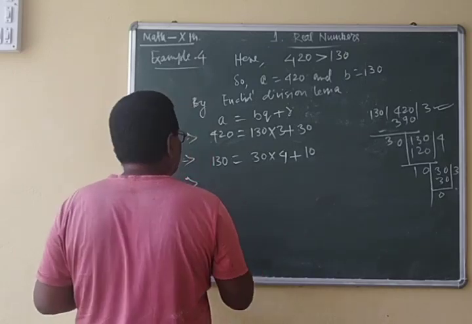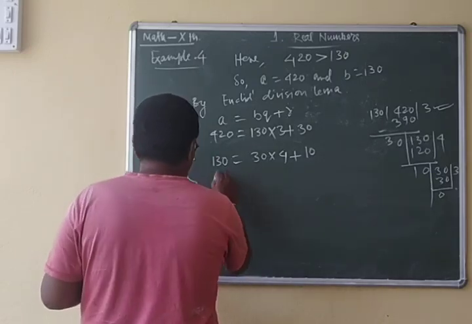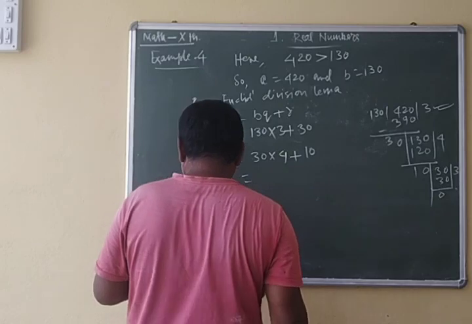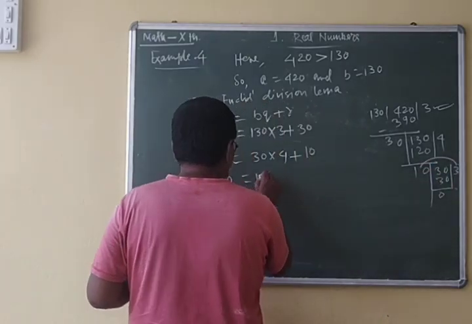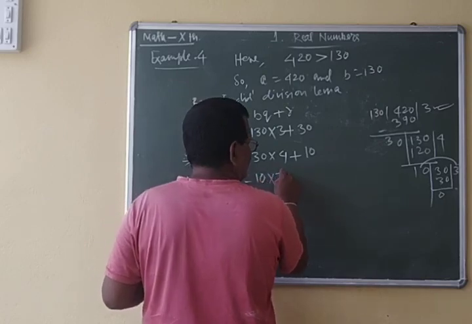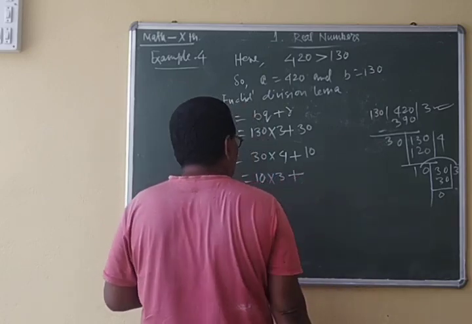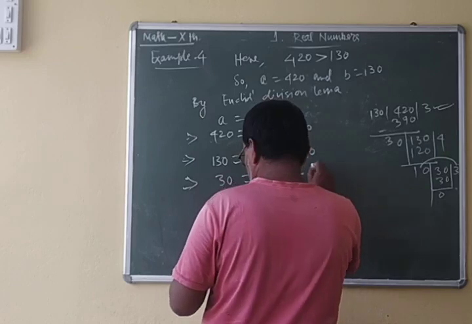Again, next step, 30 is equal to 10 into 3 plus remainder 0.